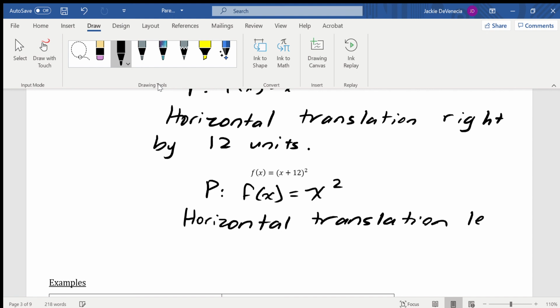Plus 12, left by 12 units. Okay, so that's just a quick little review of all that we went over for transformations. You can use this when you're answering the quizzes.